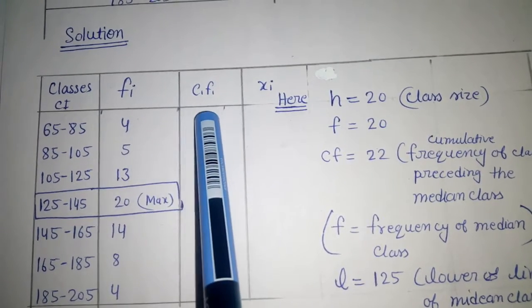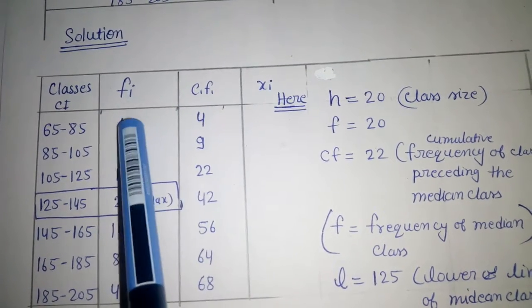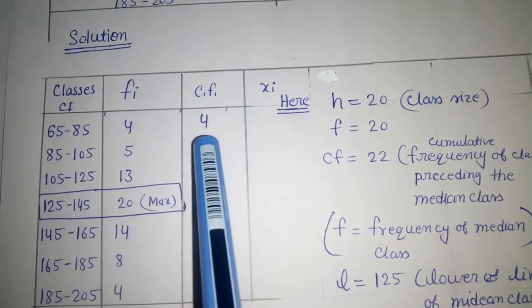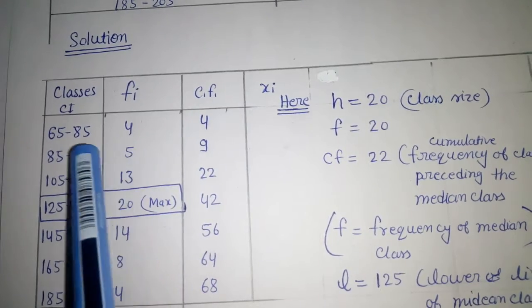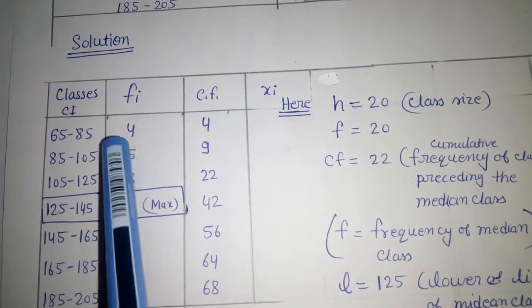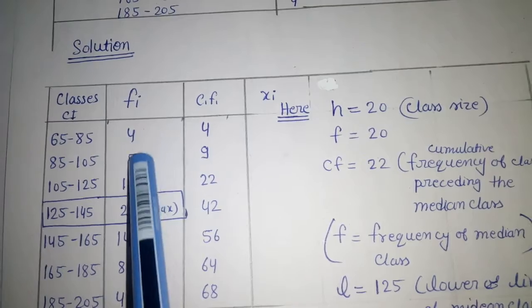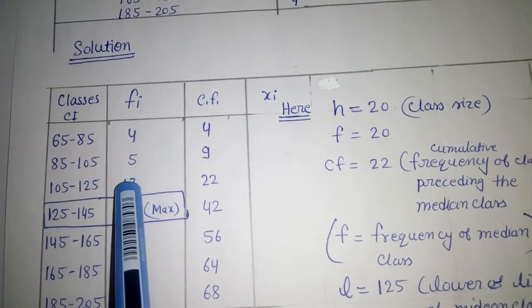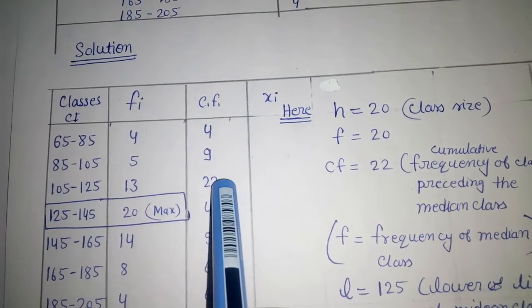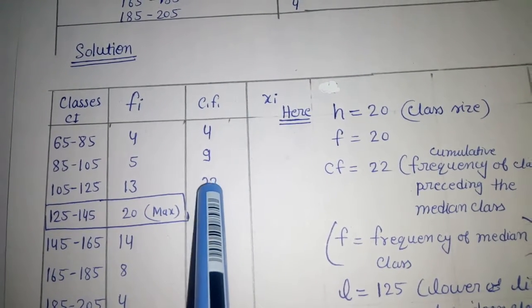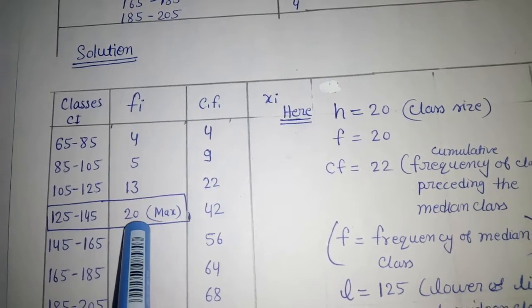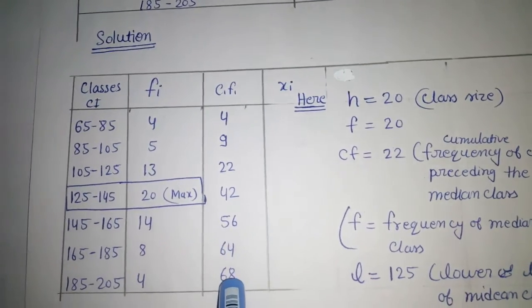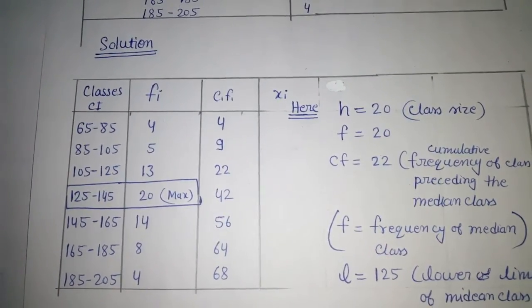The first is 4 because before 4 there is no previous frequency. Then 4 plus 5 is 9, then 9 is added to 13, and we get 22, then 20 was added to 22, and we got 42. In this way we got the cumulative frequency.